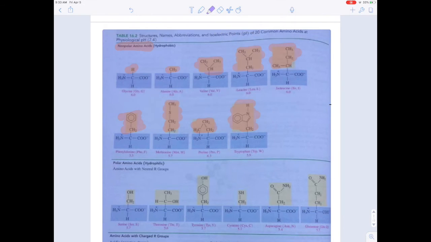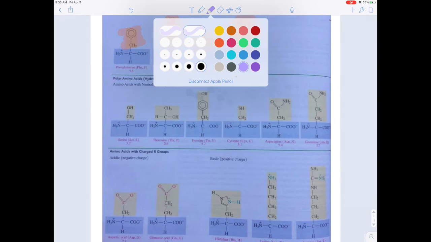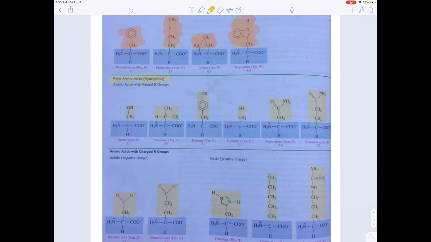Then, you'll see that there are polar amino acids. And in these, you have nitrogens, oxygens, or fluorines, or just underneath oxygen on the periodic table is sulfur. So those are all electronegative elements, and they will pull electrons to themselves, become slightly negative, and what they're bonded to will be slightly positive, and that makes them polar.